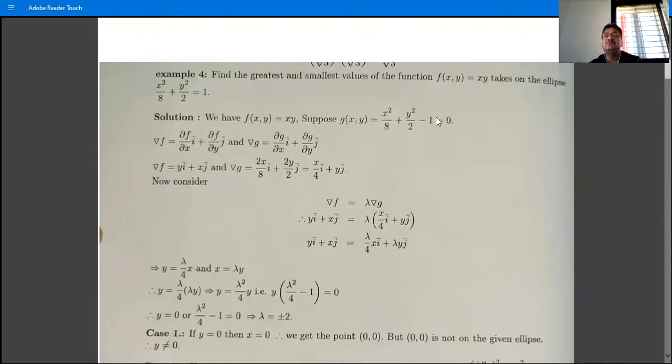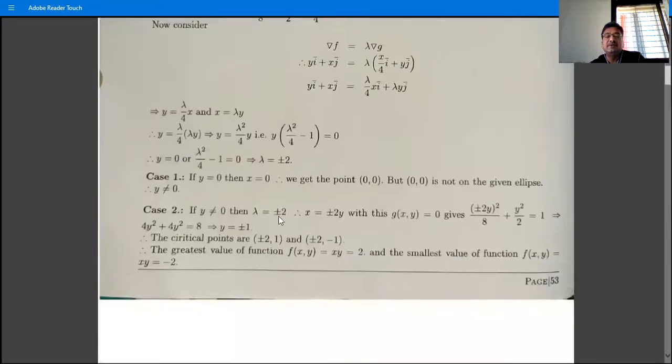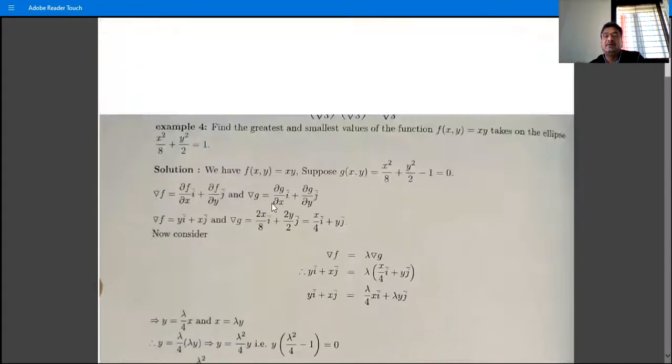Find the greatest and smallest value of the function f(x, y) equal to xy on the ellipse. The condition is given and the function is a two variable function. So apply Lagrange's method of undetermined coefficients, that is, construct the auxiliary function. Don't use the previous method, use Lagrange's method.